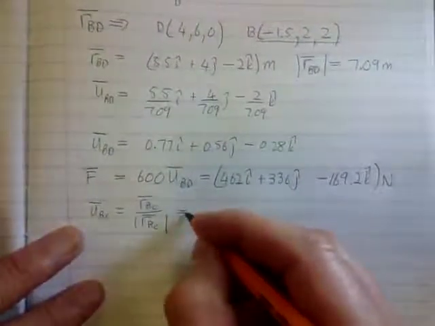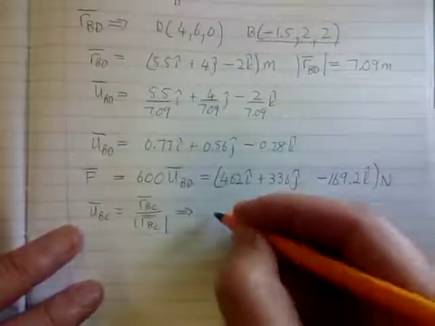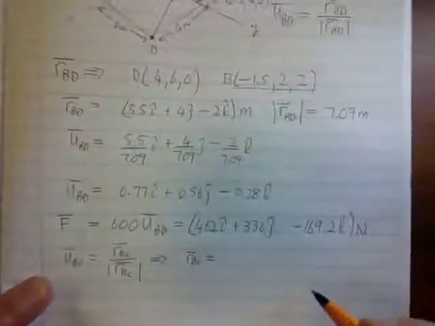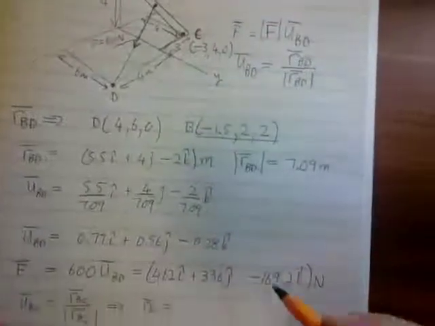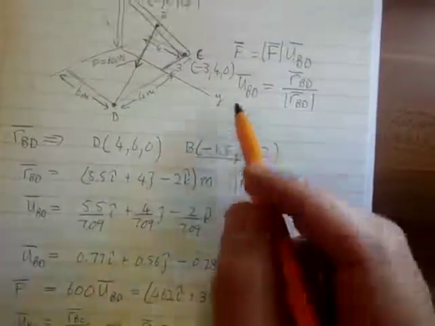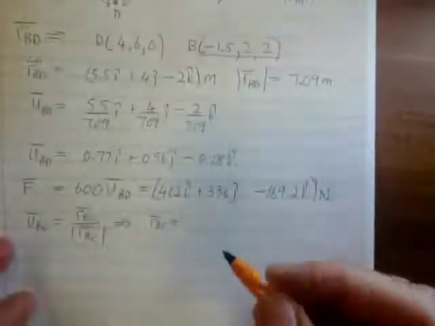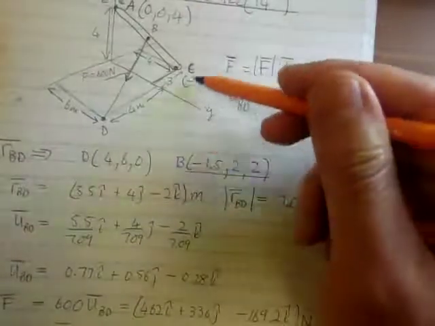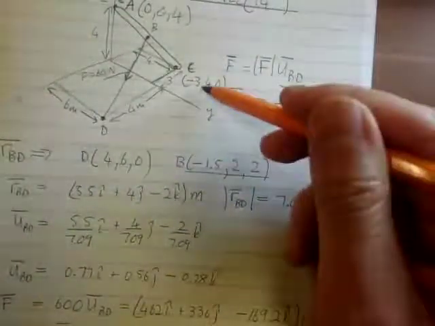So we need to get RBC. What are the coordinates of B? The coordinates of B are minus 1.5, 2, 2. And then C we have there. We want to move from B to C, from these coordinates to those coordinates.